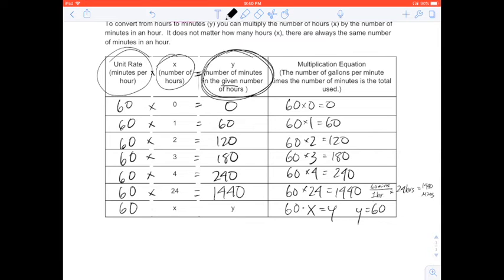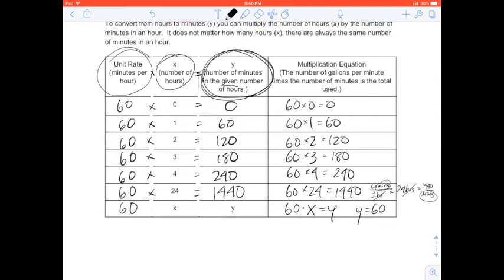And you may have noticed that an hour divided by an hour is just a unit, 1. So we can get rid of those, and that minutes here is in our answer.